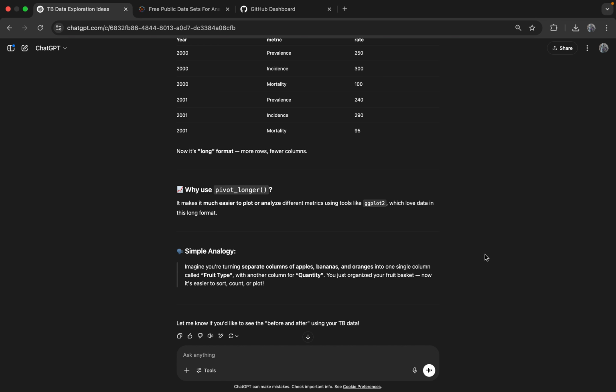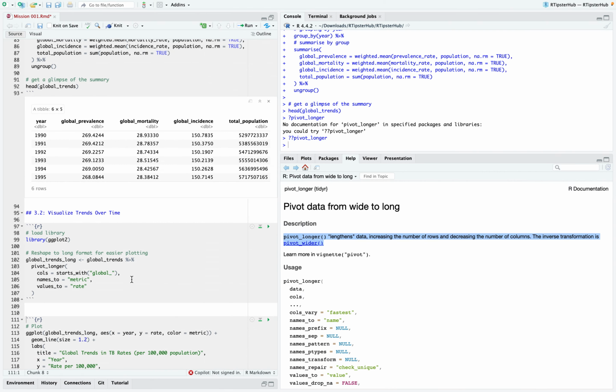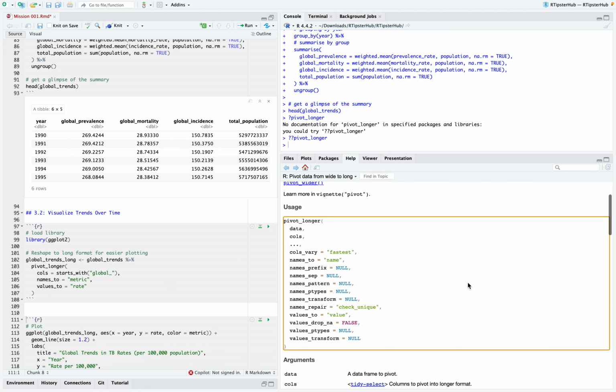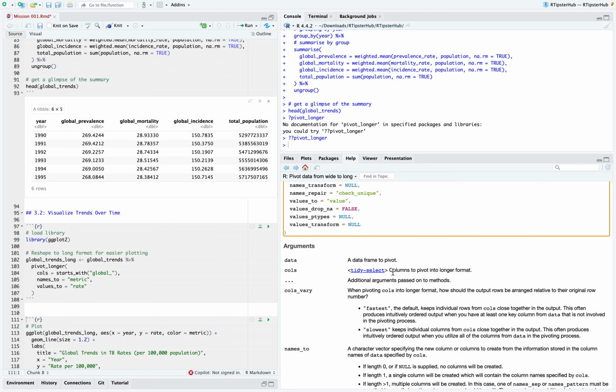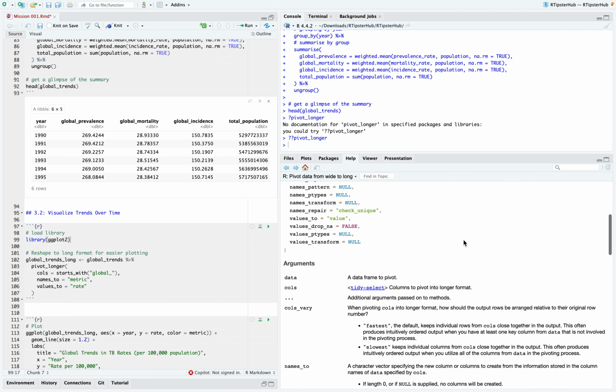Okay, I think I get what they mean. So we are saying pivot longer, and there's an argument called cols. So cols basically specifies the columns that you'd like to pivot to longer format, and it says those that start with global.